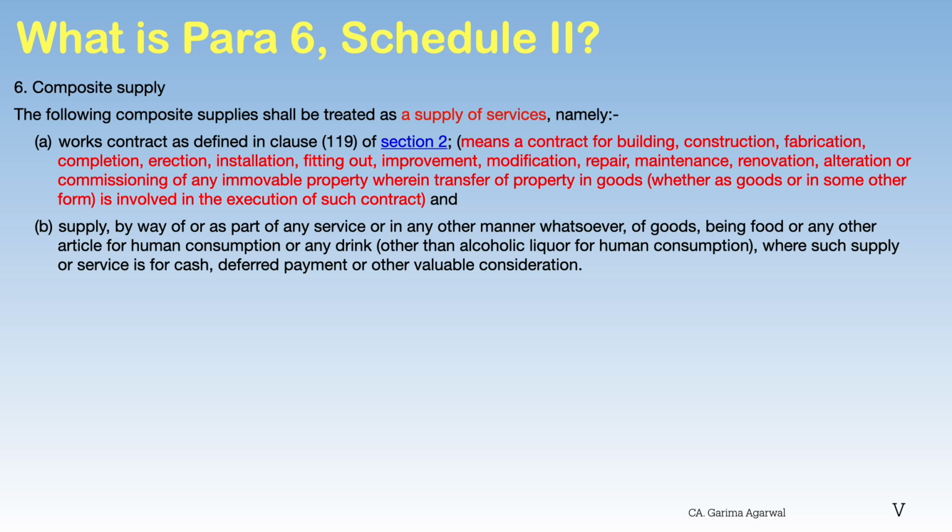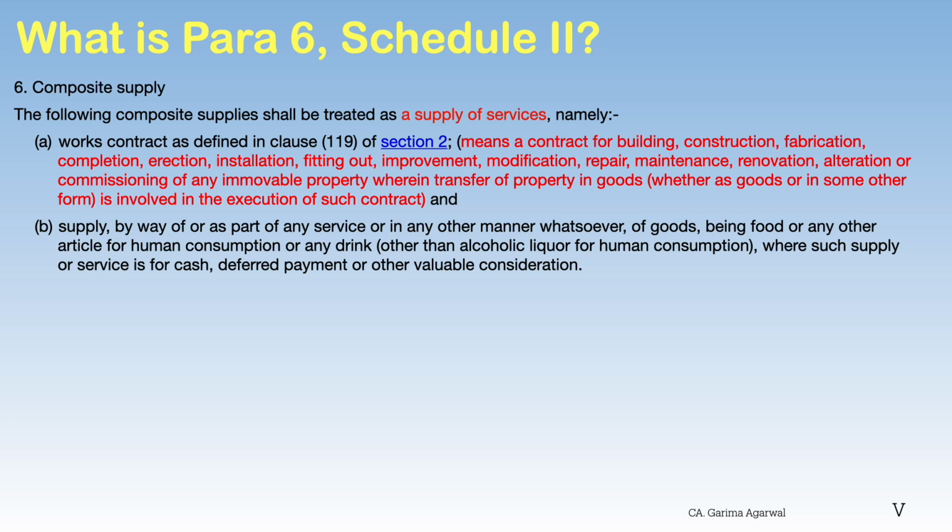Any material supplies provided through this works contract will be a composite supply, but the works contract will be treated as a supply of service instead of determining the rate of each good and service separately. Then para 6b says supply by way of or as part of any service or in any other manner whatsoever of goods, being food or any other article for human consumption or any drink other than alcoholic liquor, because alcoholic liquor for human consumption is outside GST, right?